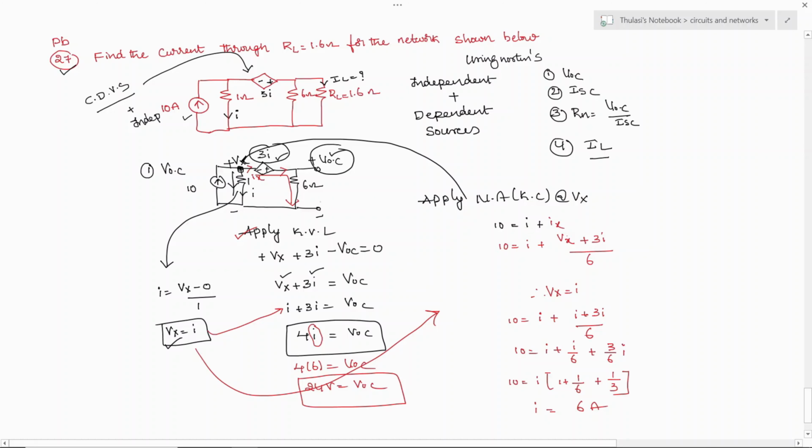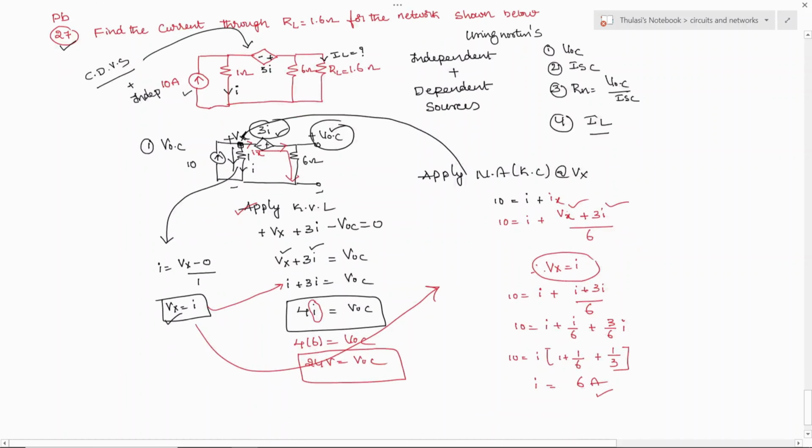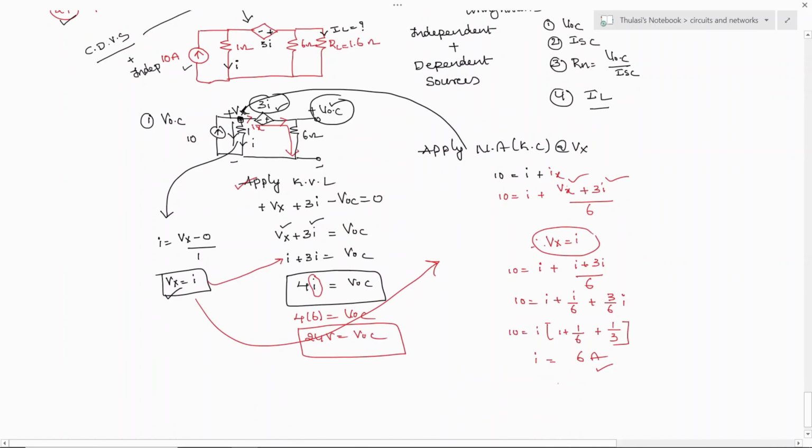The 10 ampere source is entering, leaving as I, and the next current is Vx plus 3i by 6. So here also once again two unknowns are there. I want to convert into one unknown, so therefore I solved to find the value of I. So therefore I got the value of I as 6 amperes. So now we have successfully found the value of VOC.